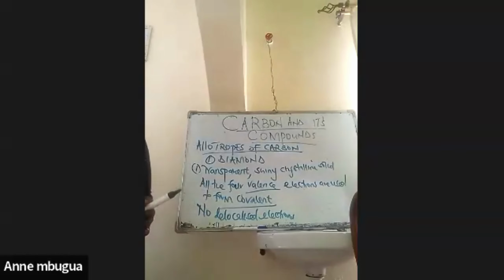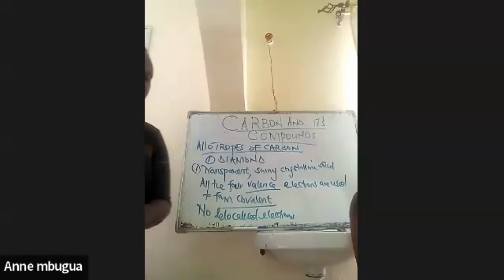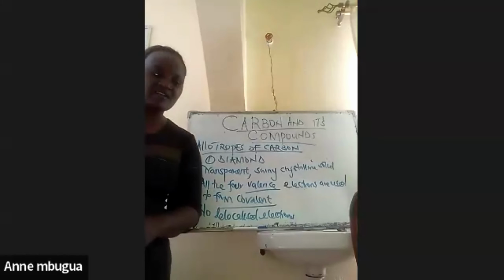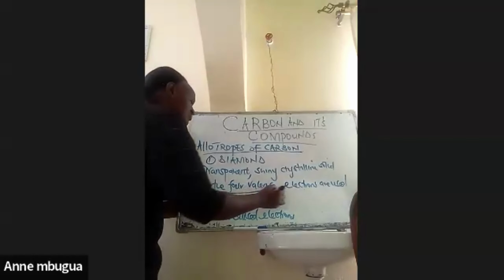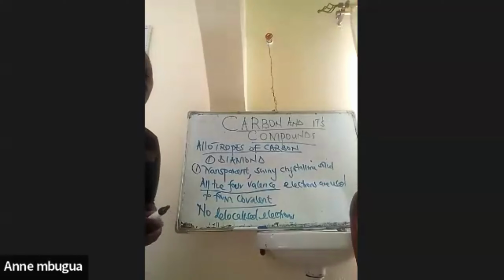The reason is that in the structure of diamond, all the 4 valency electrons are used to form the covalent bonds.